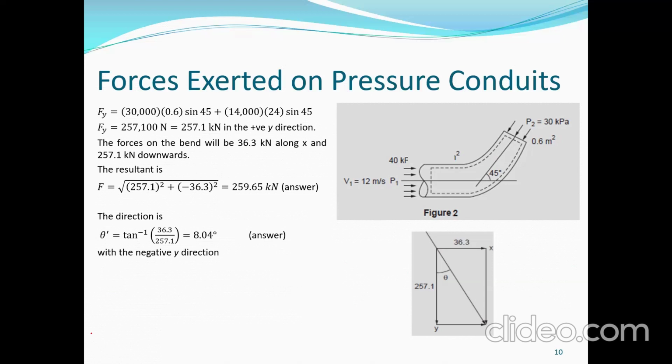So the forces on the bend will be 36.3 kilonewton along x and 257.1 kilonewton downward. Opposite. Di ba? Yung sa fluid, yun yung sinagot natin. Yung sa bend, so ito na yon. So the resultant is F is equal to the square root of 257.1 squared plus negative 36.3 squared is 259.65 kilonewton. So this is now the answer.